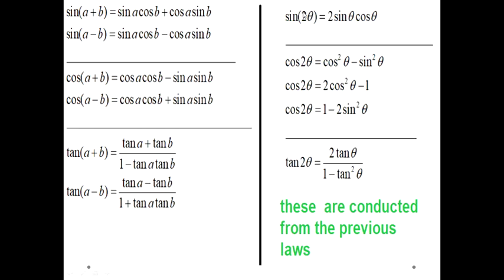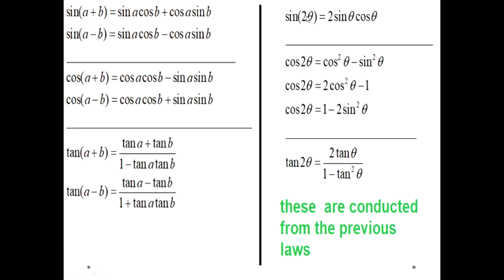How about sine 6a? Very good. It will be 2 sine 3a cosine 3a. Of course, you can notice that, and you can conclude all the other cases. Okay, I will give you a little trick. Try to think about it. Sine theta equals what?